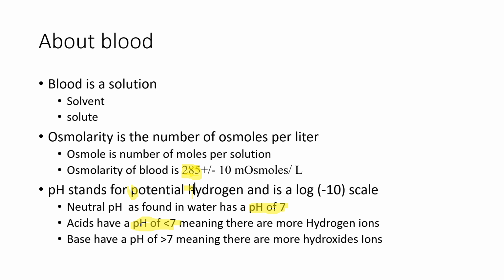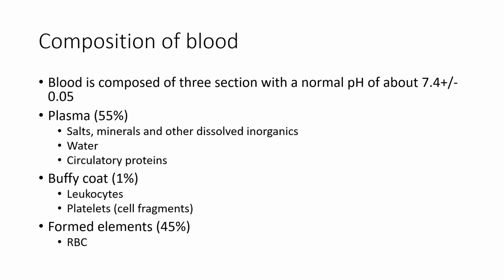A base means you have more hydroxide ions. If you think of water as H2O, hydrogen ions would be H+, and hydroxide would be one oxygen with one hydrogen, so you'd have a negative charge. If you have a higher amount of hydroxide ions, it means you have a higher pH. It can neutralize acids, pretty much.